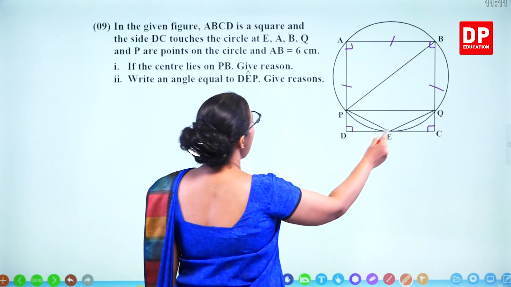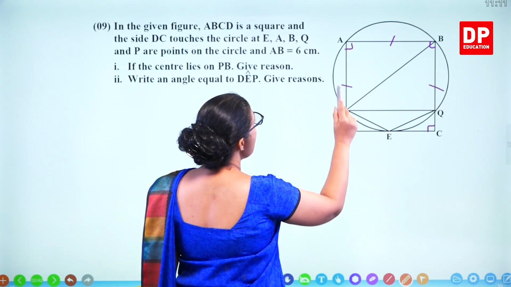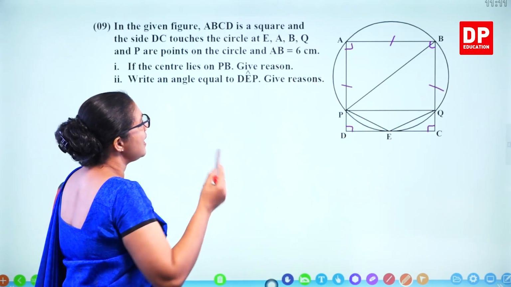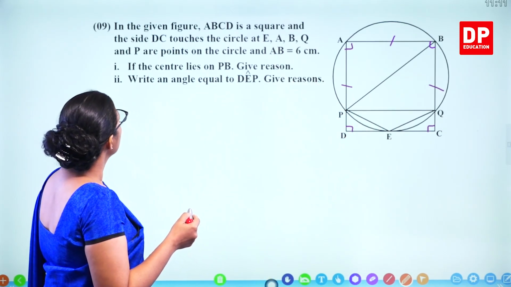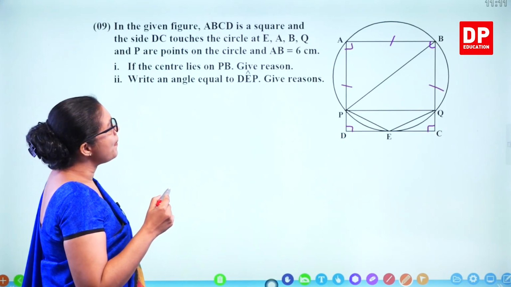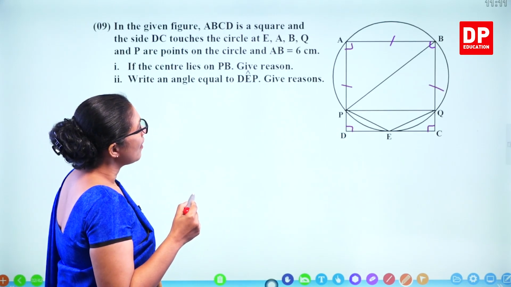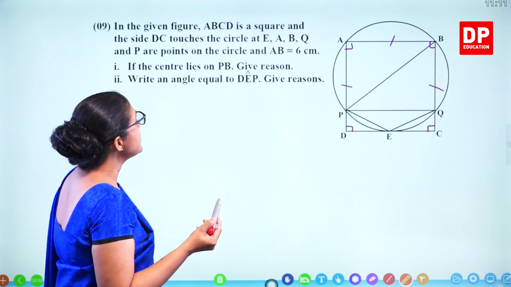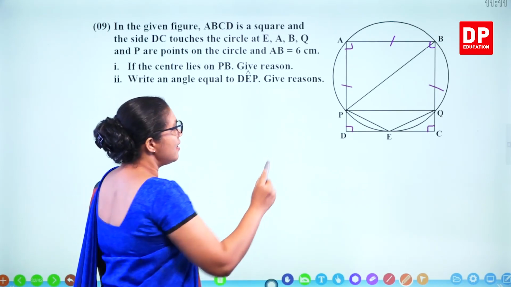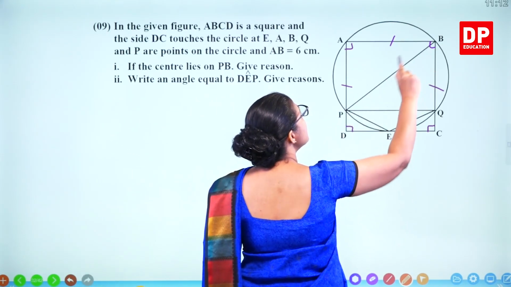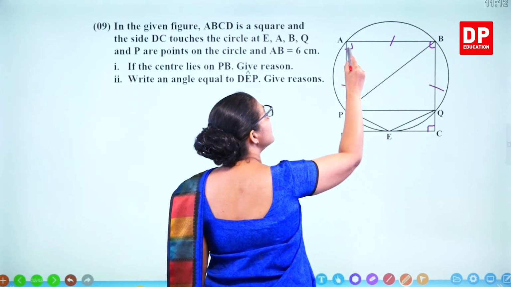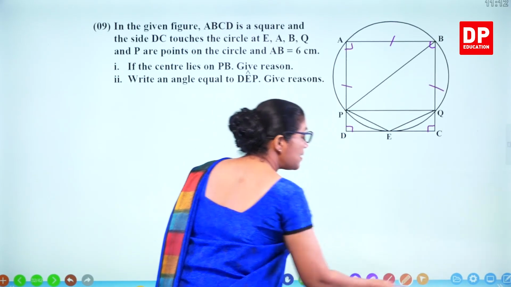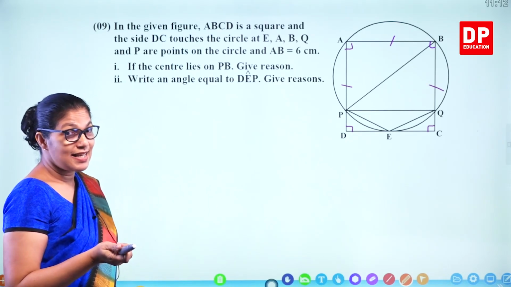touches the circle at E, and A, B, Q, P are points on the circle and AB is 6 centimeters. If the center lies on PB, give a reason. If this is the diameter, here this is 90. So any semicircular angle is 90.